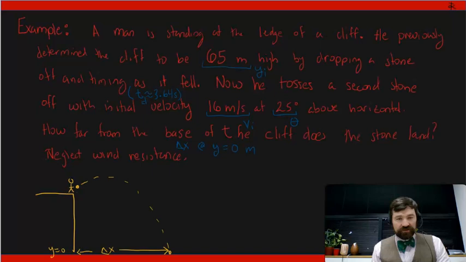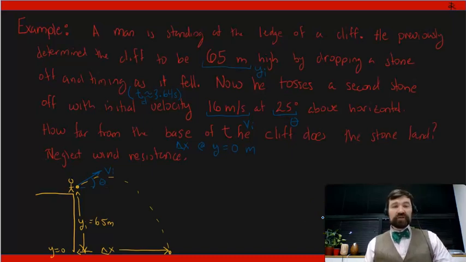This location here is y initial equals 65 meters. And we also have an initial velocity, which I'm going to draw in a different color. This is your initial speed, and this is your initial angle that it has been projected at.